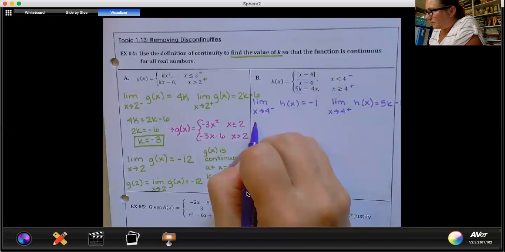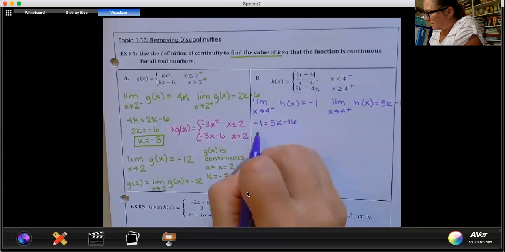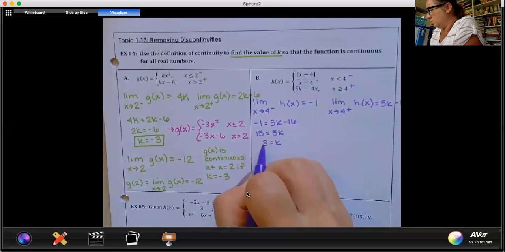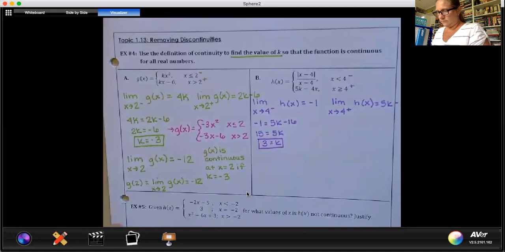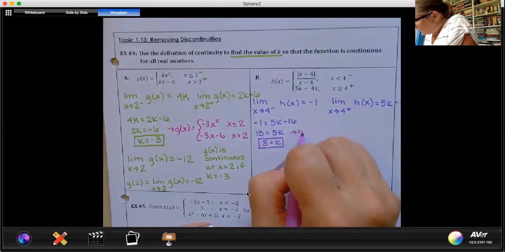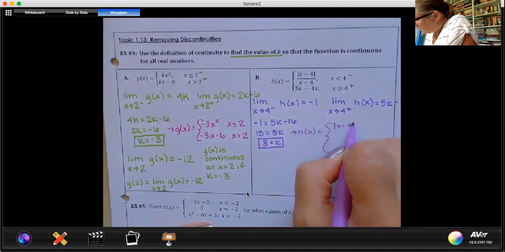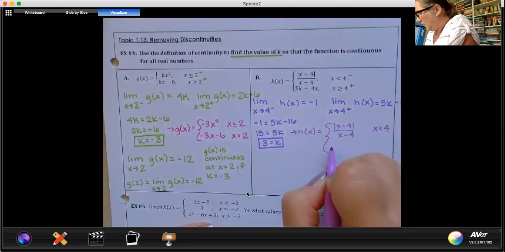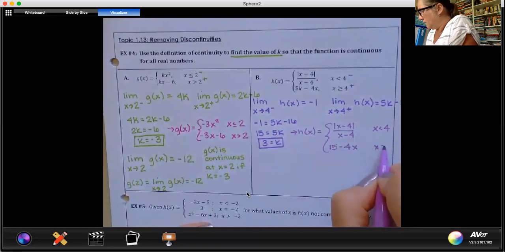All right. So negative 1 equals 5k minus 16. 15 equals 5k. So k is equal to 3. All right, this implies that h of x is equal to absolute value of x minus 4 over x minus 4 when x is less than 4, and 15 minus 4x when x is greater than or equal to 4.